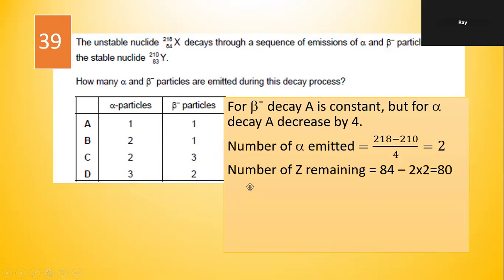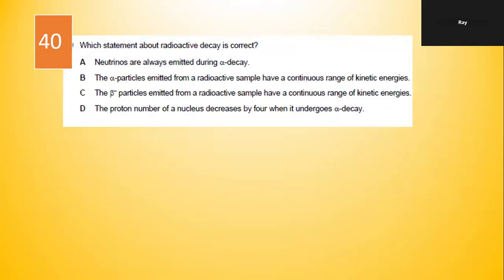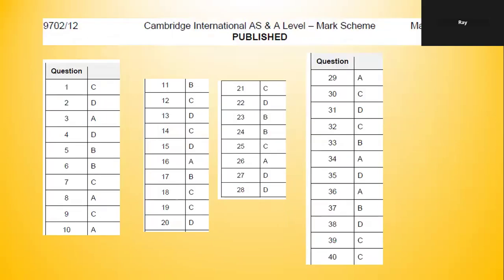So it means 3 beta decay. Beta decay, A is constant, Z increases by 1. Okay, all right. What's the answer? C. Okay, C.